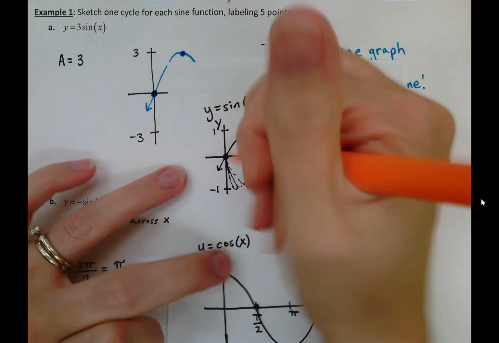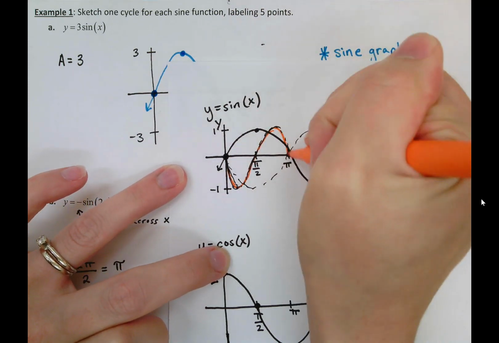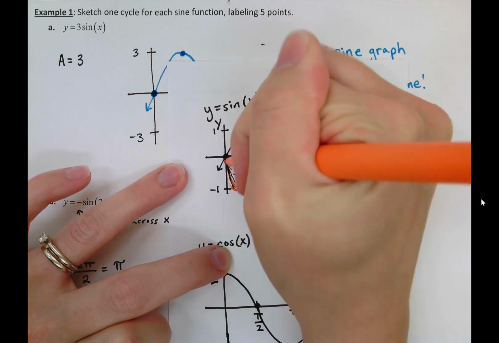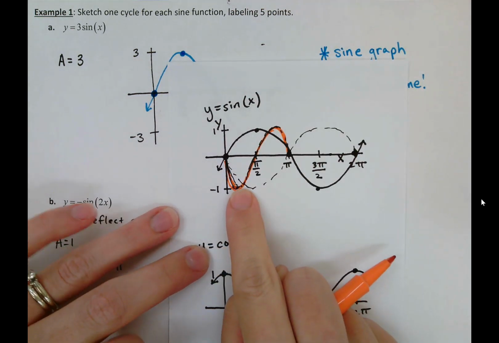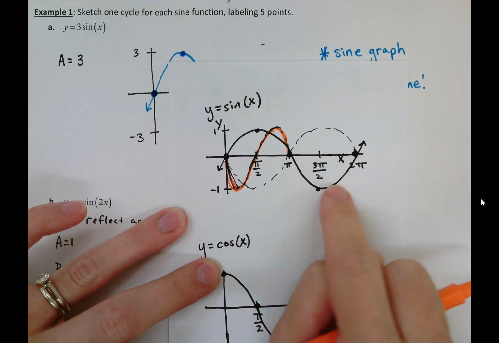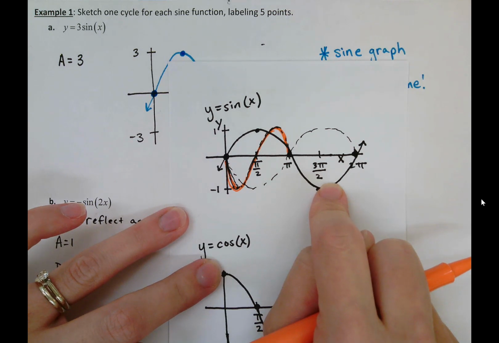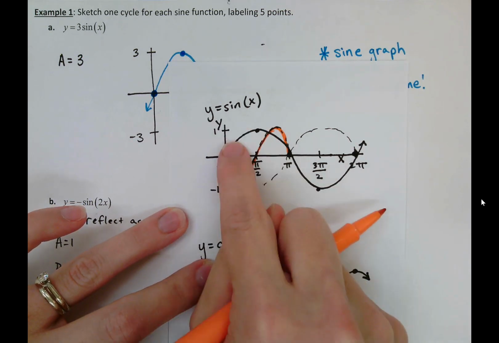All right, I want you to see how this relates to the original sine graph before we graph it on the blank paper, so you can see how this looks compared to the original. The original sine graph is in this solid black line, and then we reflected sine across the x-axis, so it's now flipped. Instead of going up, it's going to be going down.